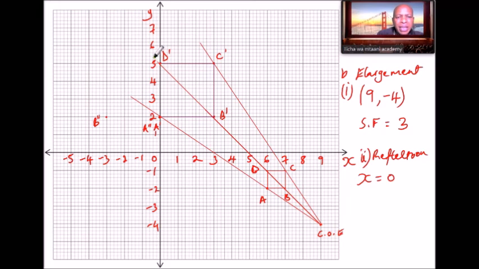D will remain in the same position because it lies on the mirror line. C will be 3 units on the negative side, because the distance from the object to the mirror line is equal to the distance from the mirror line to the image. So our C double prime will be there.